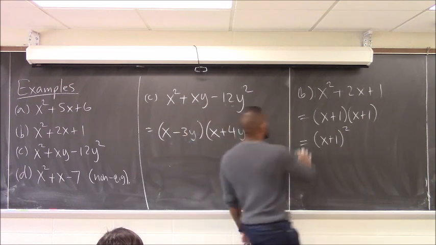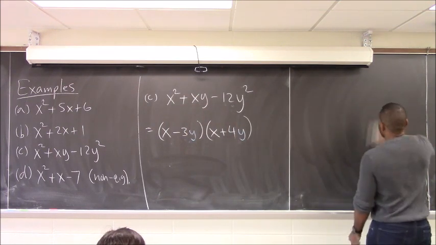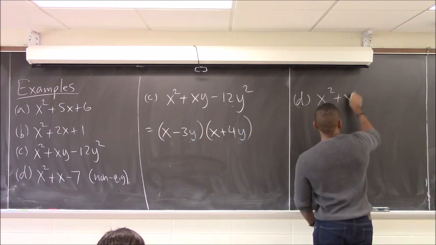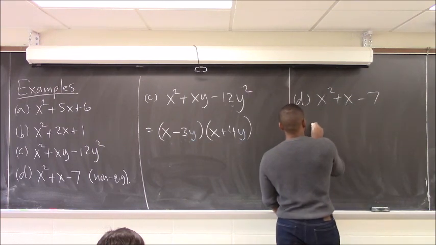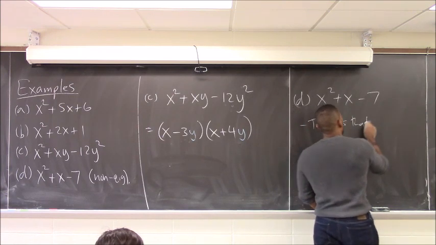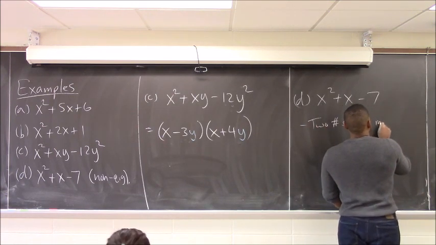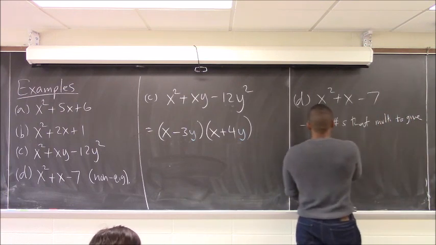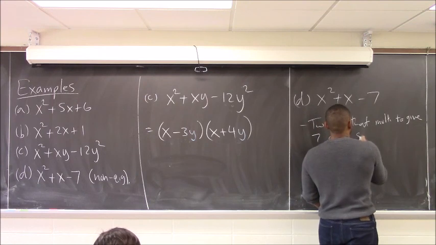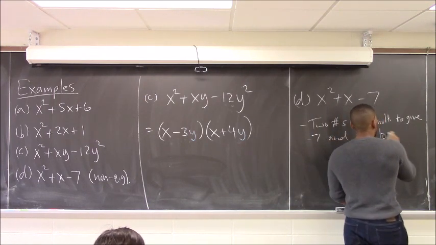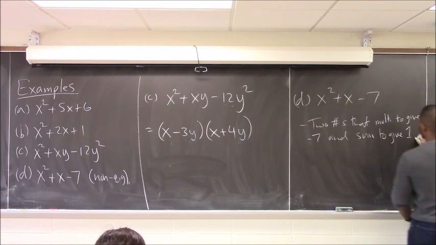Now, this method doesn't always work. So like in B, here you start to think of 2 numbers that multiply to give minus 7, and add to give 1.